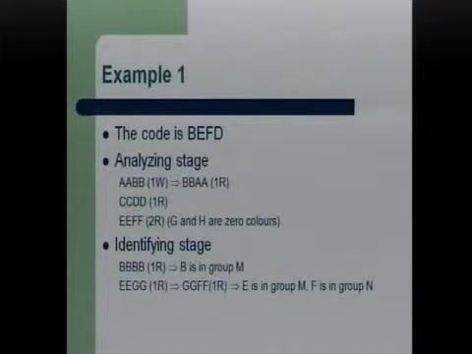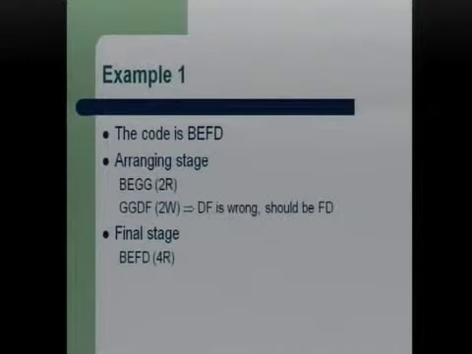So, in conclusion, up till now, we know that BE is on the left and DF is on the right. However, their ordering is still unknown. So, in the arranging stage, we want to find out this ordering. The 2 white indicators here tell us that the order DF is wrong. So we know that the ordering in Group N should be FD instead. Now we get the final answer, BEFD.